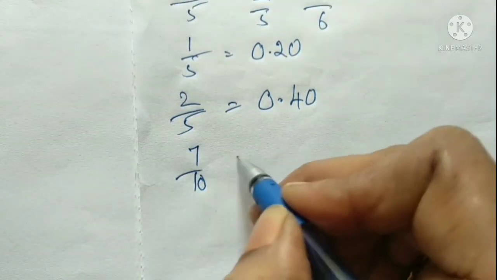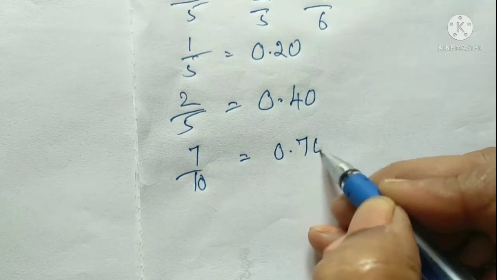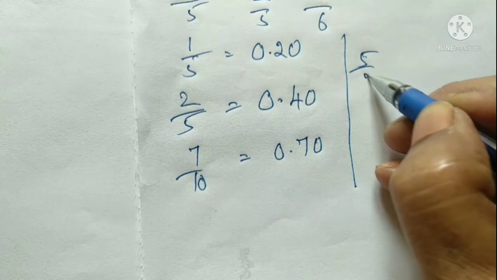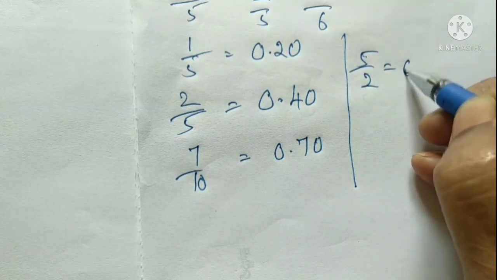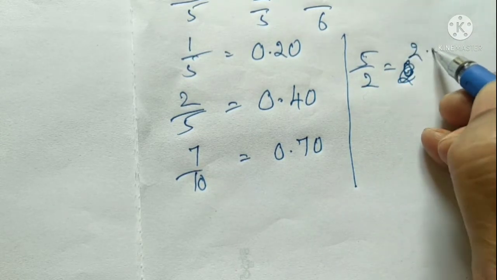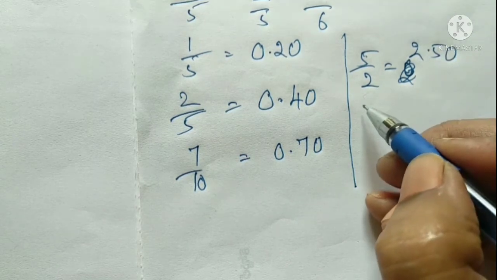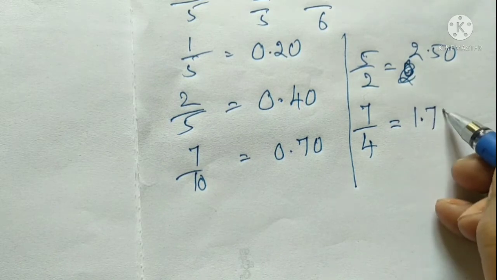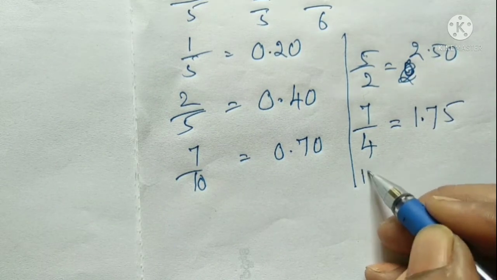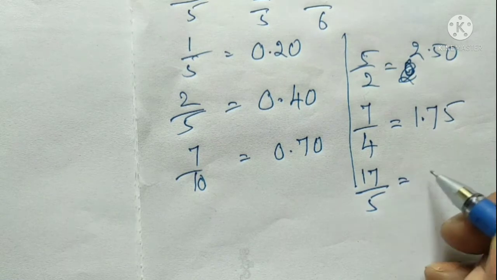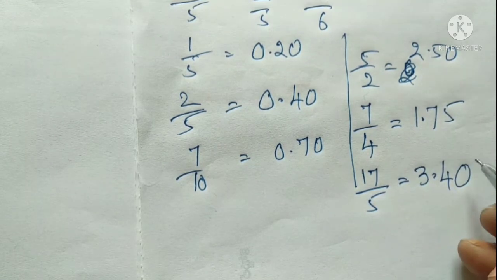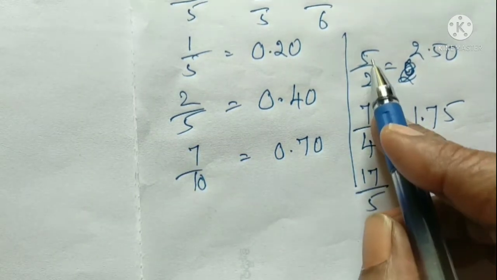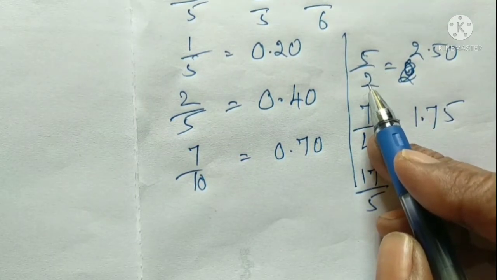Then 7 by 10 is equal to 0.70. 5 by 2 is equal to 2.50. 7 by 4 is equal to 1.75. 17 by 5 is equal to 3.40 and so on. Here 1 by 5, 2 by 5, 7 by 10 or 5 by 2, these are called the fractions.